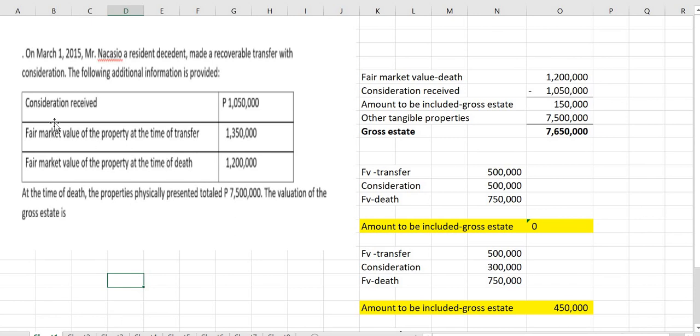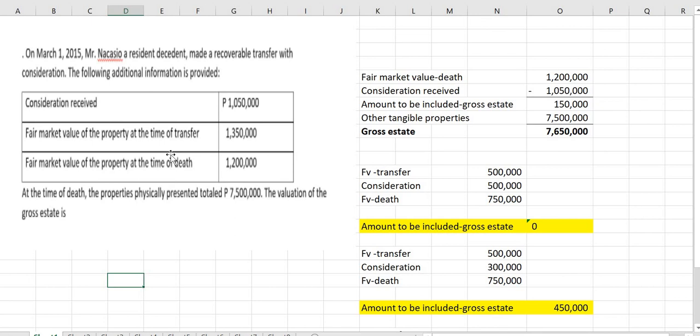Since there is consideration, it is not a bona fide sale, because the fair market value of the property at the time of transfer is greater than the consideration received.